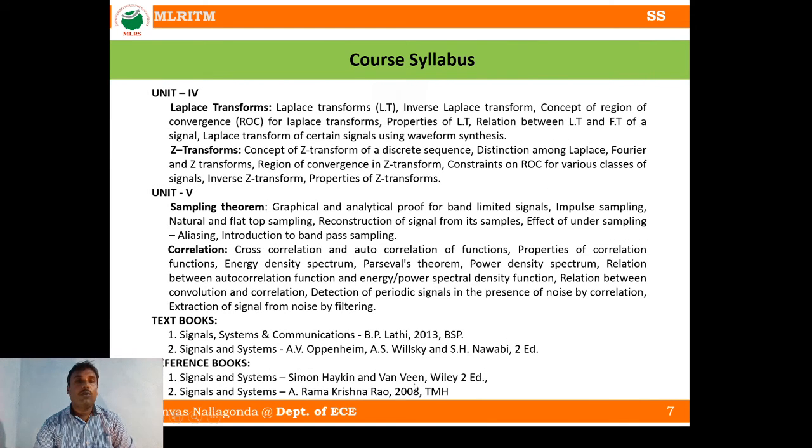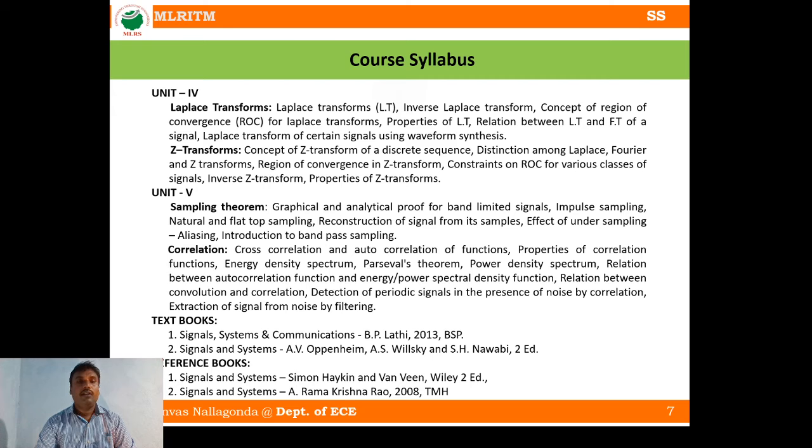And in unit 4, as I have already noted, the Fourier transform has some limitations. That is why we are moving to Laplace transforms and Z transforms, and we study all the types of transforming techniques in unit 4. And unit 5 deals with sampling theorem and correlations.